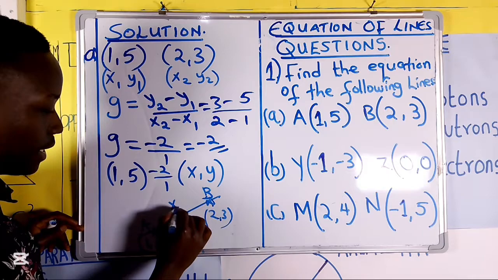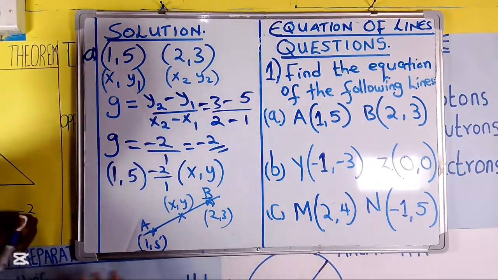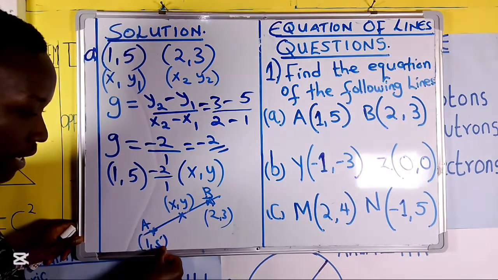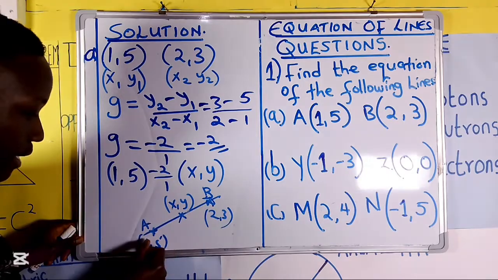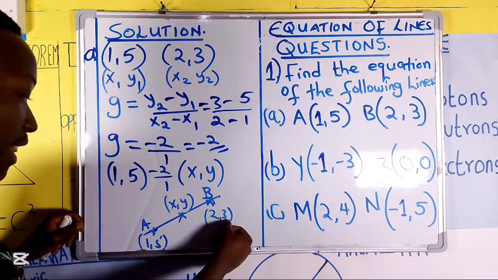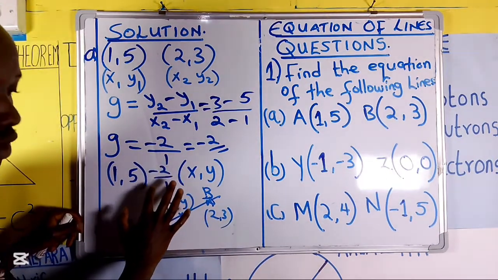Arbitrary point means it can be any point along that line. So the change in y, y minus 5, over the change in x, x minus 1, is also equivalent to negative 2 over 1, just as 3 minus 5 over 2 minus 1 is equal to negative 2 over 1.